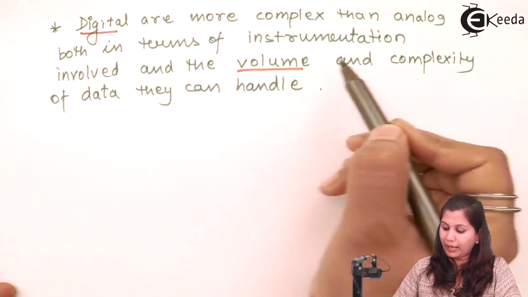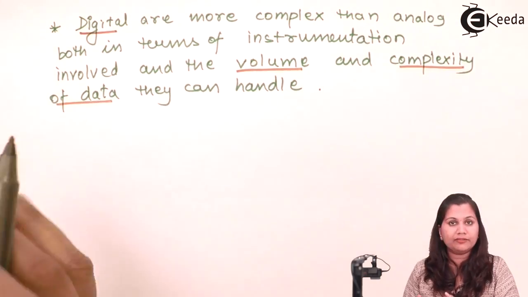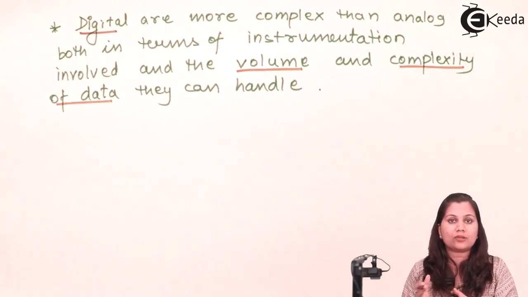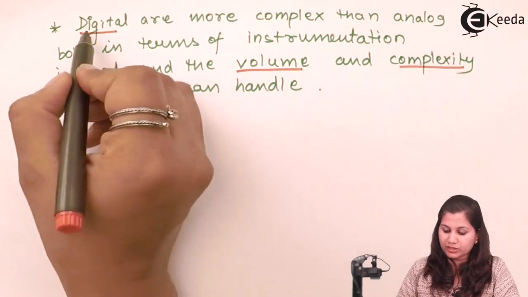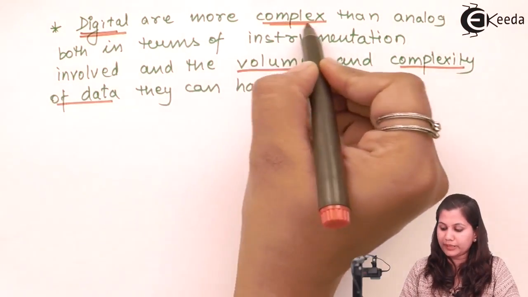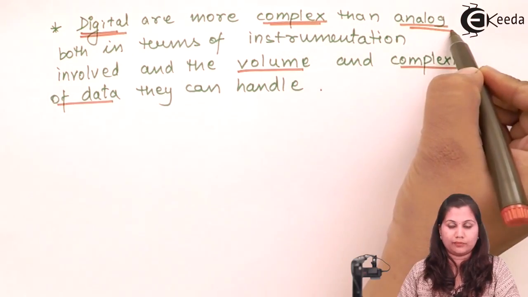Also the volume and the complexity of the data which they are handling make the digital systems more complex. The volume of data is more, and the complexity of that data is also more. So digital systems are more complex than analog systems.